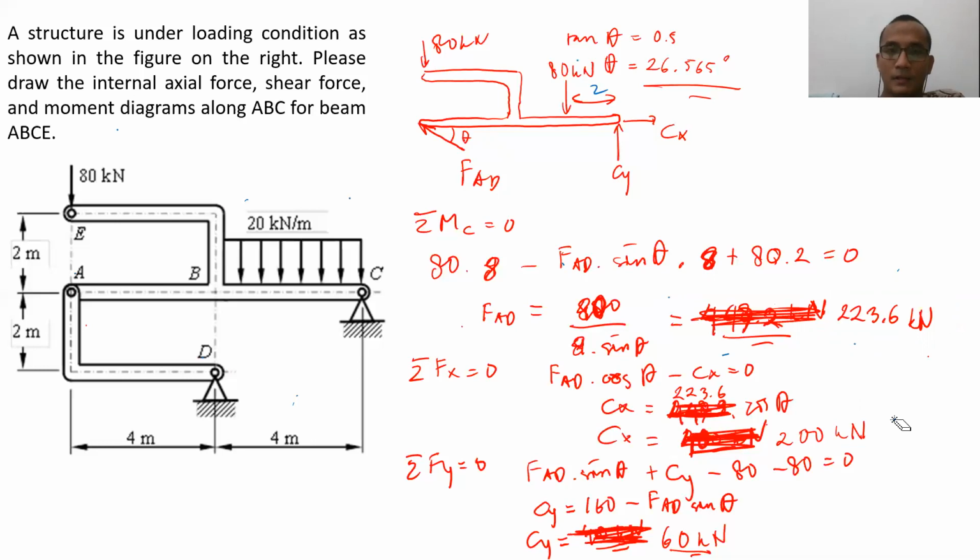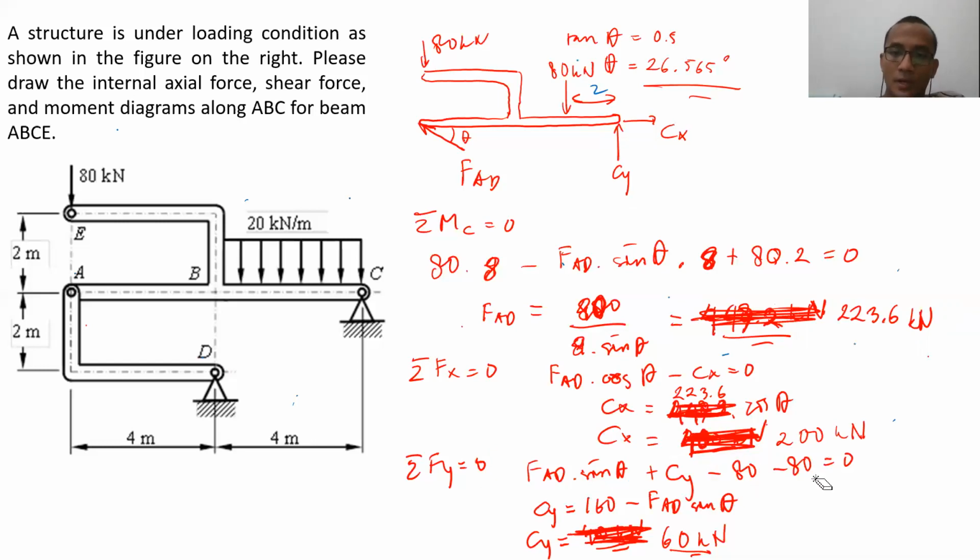Then after that, we use sigma Fy equal to 0. For sigma Fy, we have several components there: Cy, 80 kilonewton here, 80 kilonewton here, and the vertical component of FAD. If going up is positive, then FAD sin theta plus Cy positive. Both of the 80 kilonewton are going down, so minus 160 kilonewton.